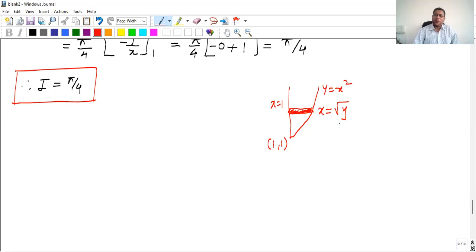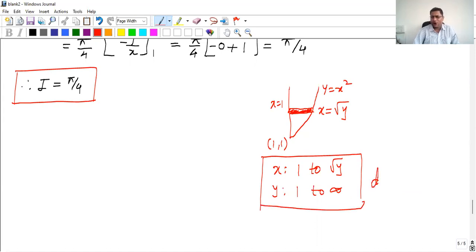Yes, sir. Okay. So for this strip, we have to consider x running from 1 to square root of y. And what will be the y limit? y is running from 1 to infinity. Got this one? Yes, sir. So now we have to use this limit, and the order will be dx dy, because we have considered the horizontal strip now.